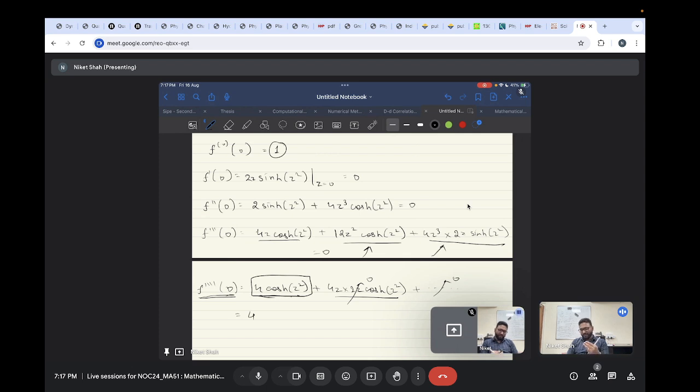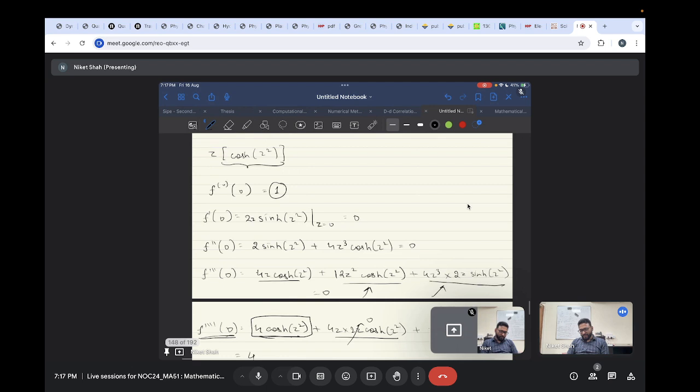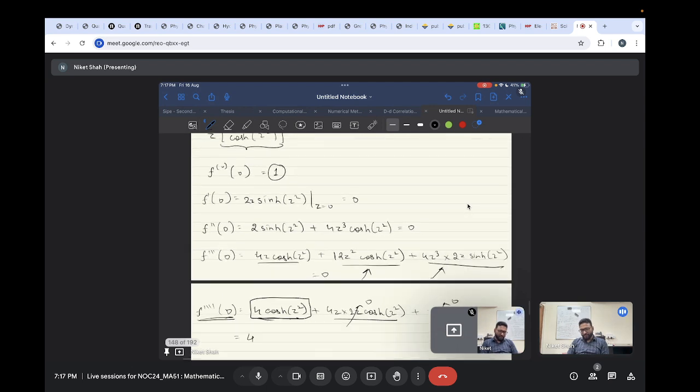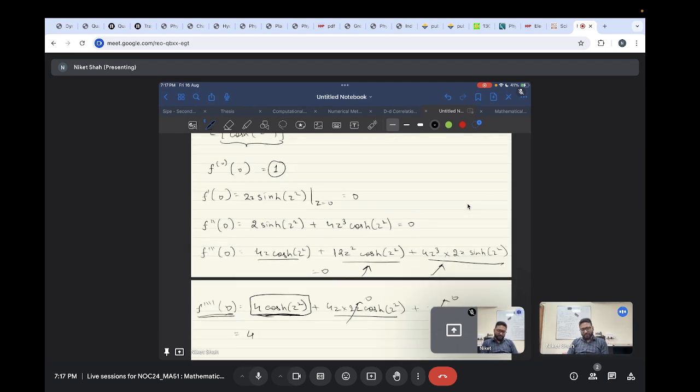If you see the pattern, it will repeat exactly like that. We started with cosh z square, and we are getting back cosh z square. The other terms will always have z inside of them, so they will always contribute 0. At the eighth derivative, again I will get a cosh z square kind of term, which will be non-trivial. Otherwise, all the terms will be trivial.